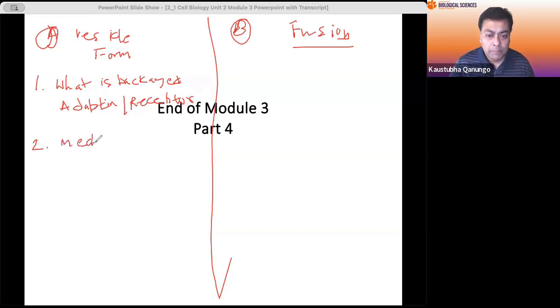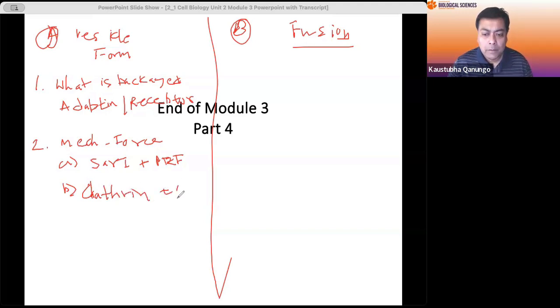Mechanical forces come first from SAR1, depending upon that, plus ARF, and from clathrin, plus COP1 plus COP2. So these are essentially all that is needed.